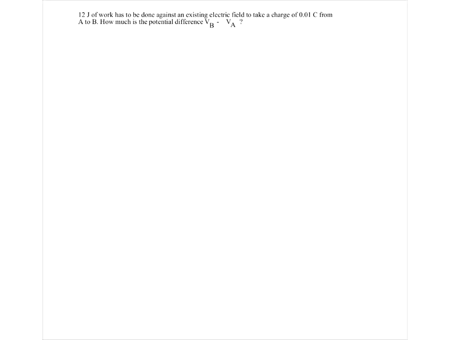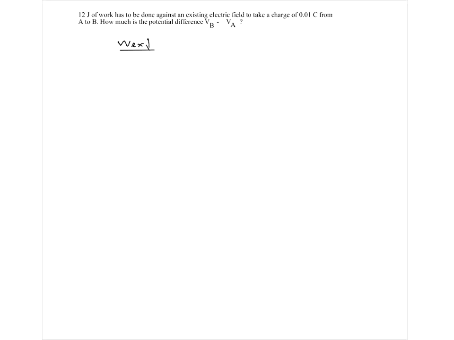So 1200 volts. Let me see. 1200 is right. How did you do it? So the potential difference will be equal to work done by the external force per unit test charge. Yes.